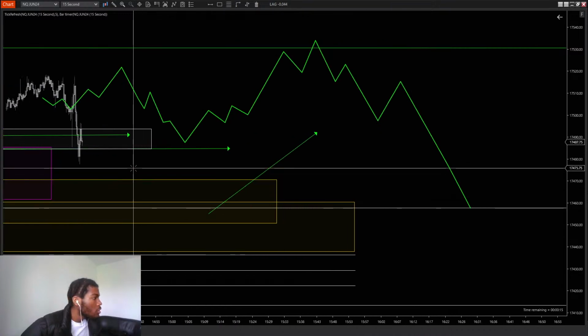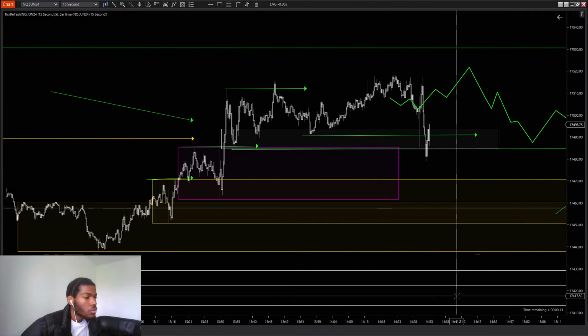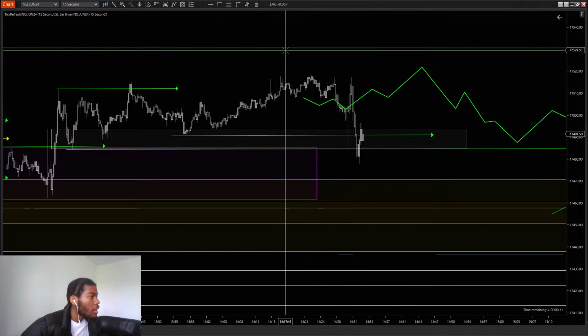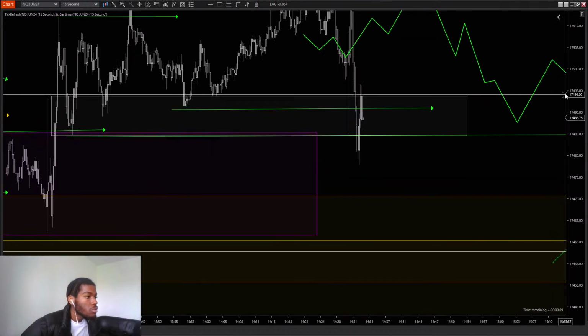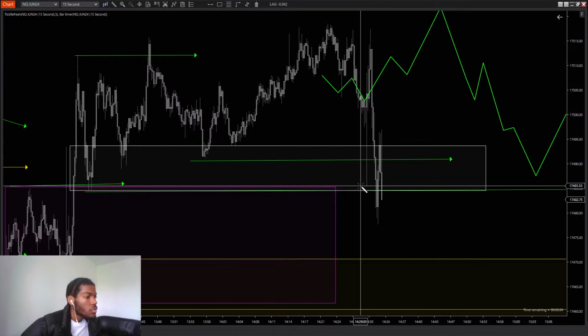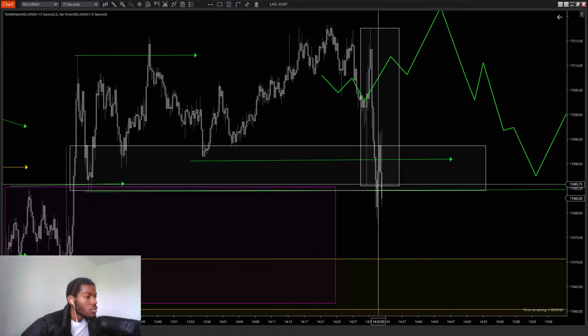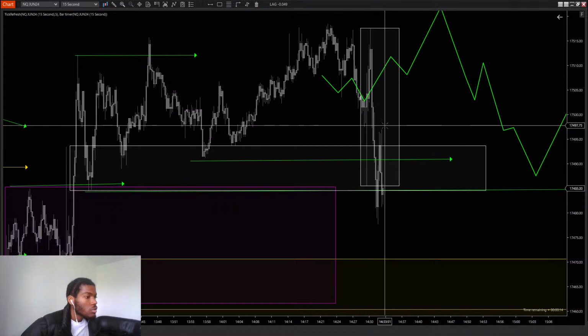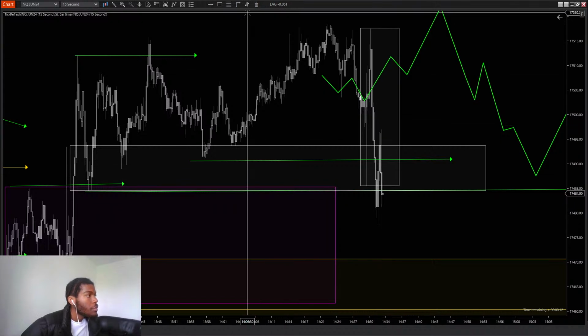So once we take that area we've been mitigating multiple times, right? What do we move back into? The previous range that broke structure. We tap the 30% of it.